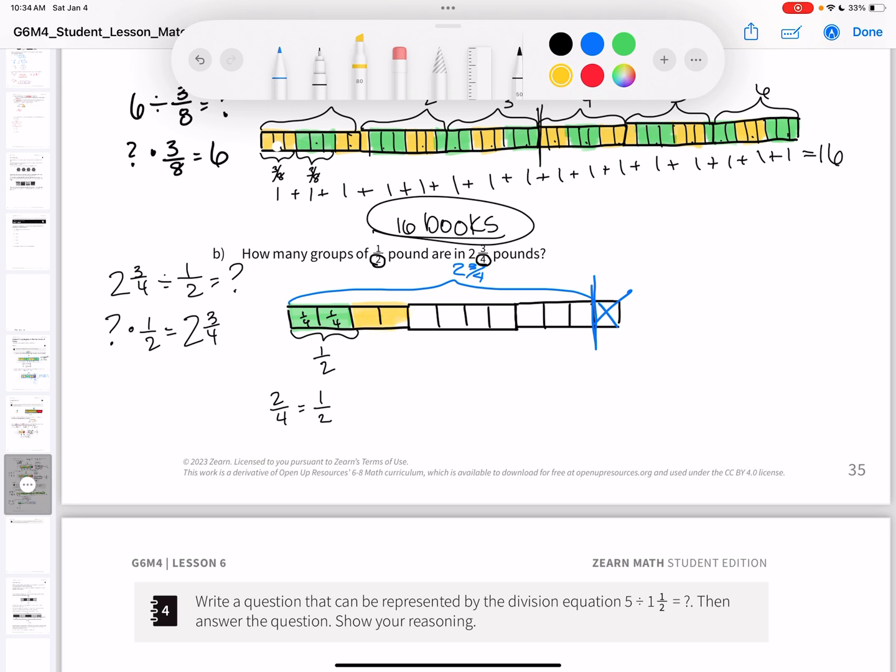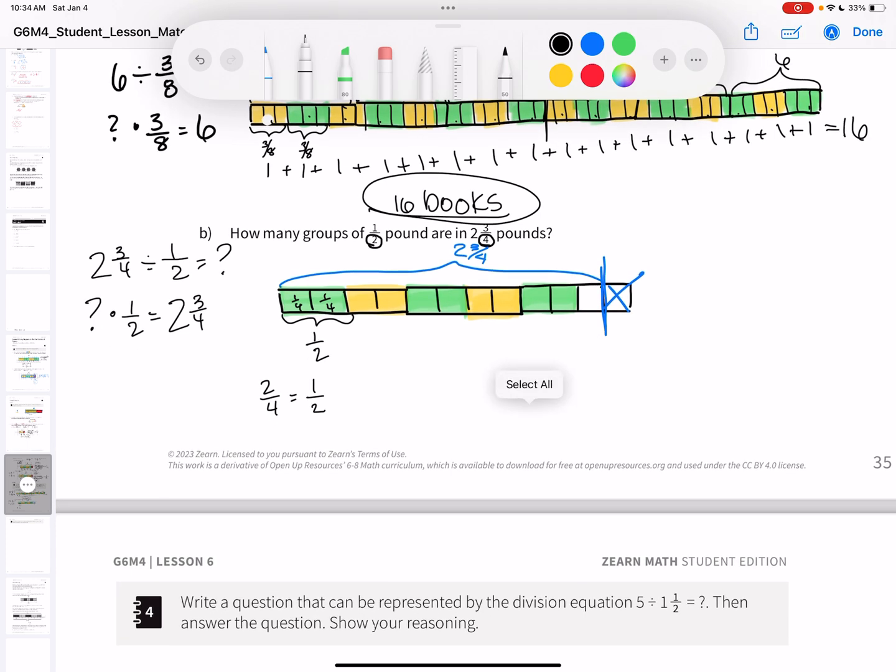Here's another 1/2 and another. Here's another and another. So right now we have 1, 2, 3, 4, 5 1/2s, but we have this 1 left over.